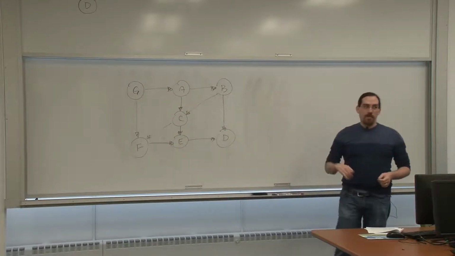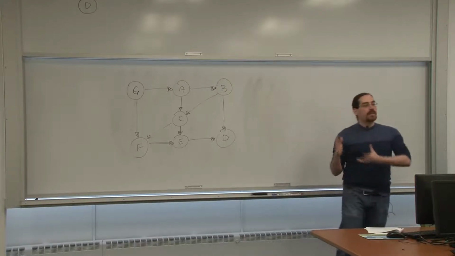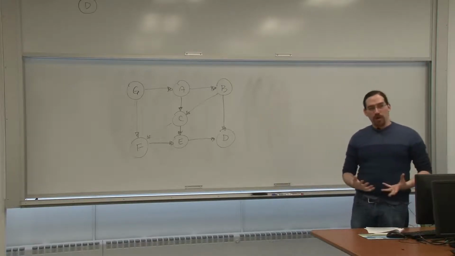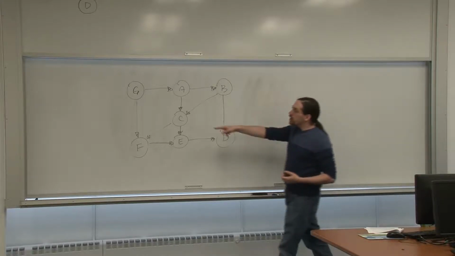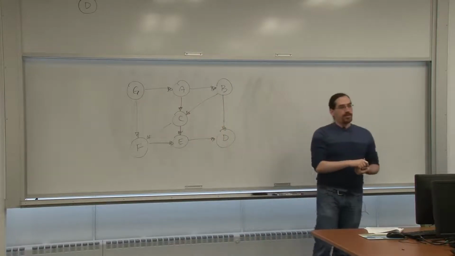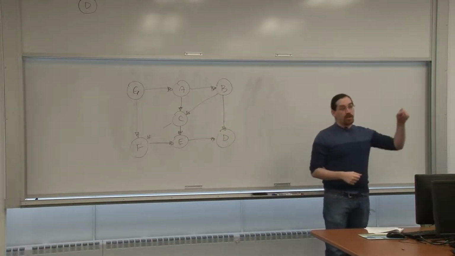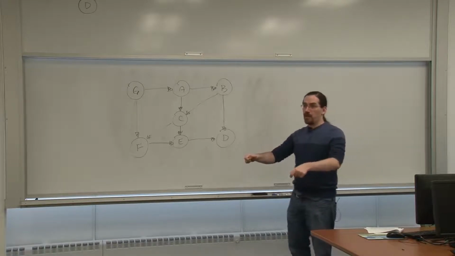So the classic problem on directed acyclic graphs like this one is to come up with a topological sort of the graph. And a topological sort of the graph is an ordering of the vertices so that every edge in the graph points from an earlier vertex in the sort to a later vertex in the sort. OK?